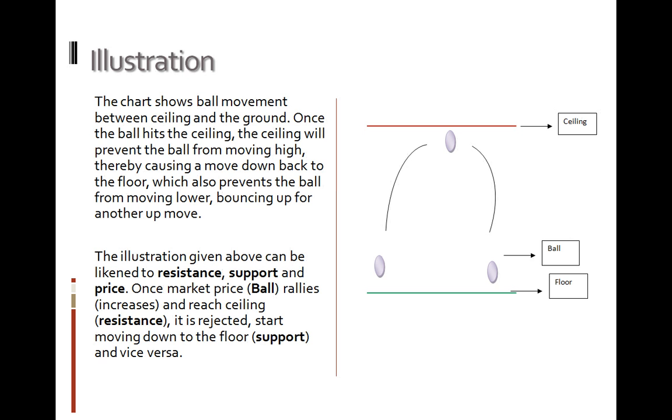If the resistance is very strong, price will be rejected at the resistance level and start moving to the next support level. And if the support level is strong, it will reject price and the price will move to the next resistance level. If price is strong enough to break the resistance level, it will be broken and it will move up.